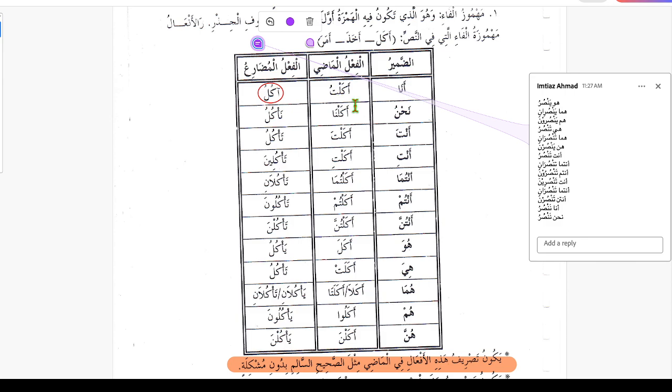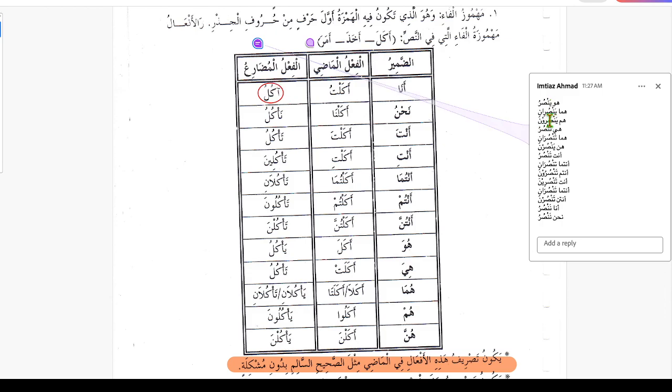So we take the same verb, nasara yansuru. Huwa yansuru, huma yansurani, hum yansuruna, hiya tansuru, huma tansurani, hunna yansurna, anta tansuru, antuma tansurani, antum tansuruna, anti tansurina, antuma tansurani, antunna tansurna, ana ansuru, nahnu nansuru. Now let's use akala yakulu here.